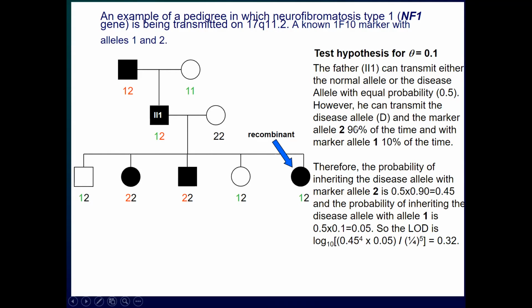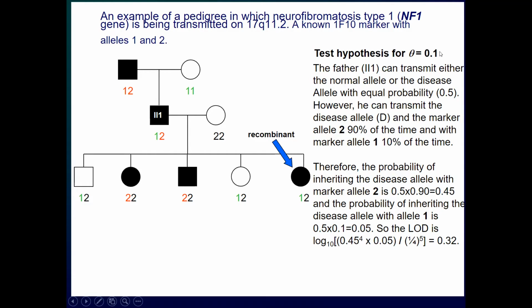But that will happen 90% of the time. There is another percentage that we need to take into account, that this 0.5 is the probability of transmitting one or the other. But we need to take into account the hypothesis.